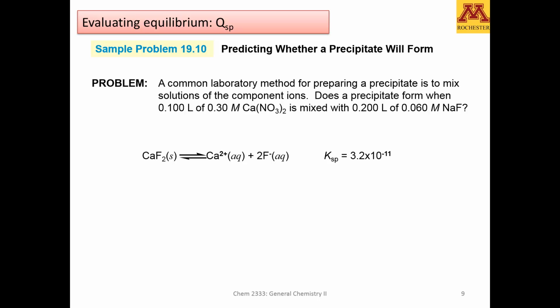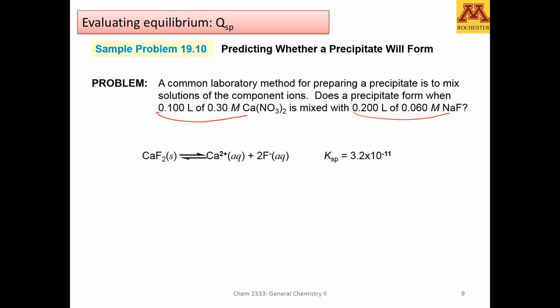This is a typical problem in which we're being asked if there's going to be any solid being formed. Let's read it. A common laboratory method for preparing a precipitate is to mix solutions of the component ions. Good. Does precipitate form when we mix this much of calcium nitrate, remember that nitrates are soluble, and this much of sodium fluoride?